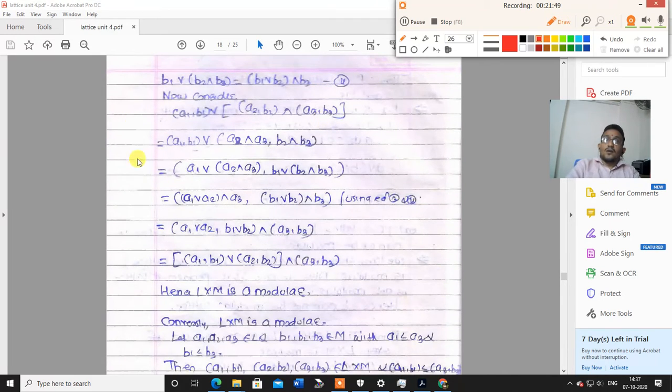Now consider the ordered pair (a1, b1) join ((a2, b2) meet (a3, b3)).